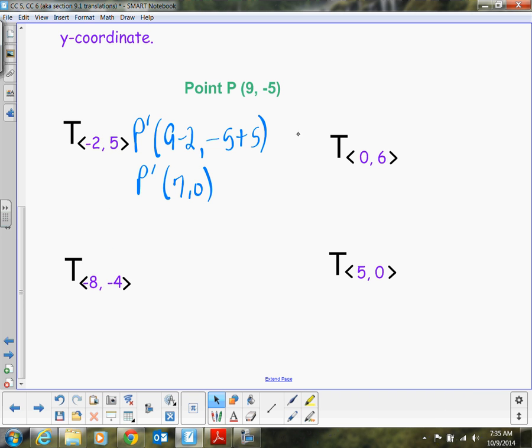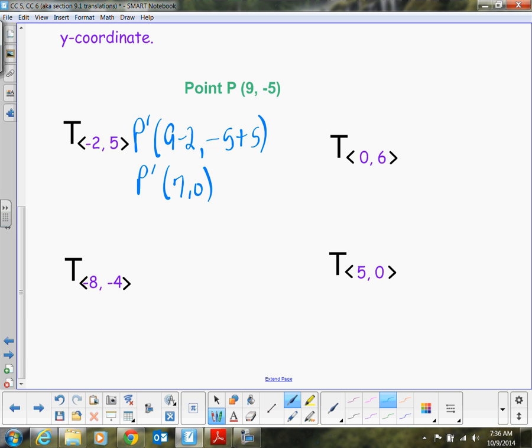We want to translate this point. This says move it 2 units left and 5 units up. So that means I have to subtract 2 from 9 to go left, and I have to add 5 to -5 to go up. So think about it. If you're 5 units below the x-axis and you move up 5, aren't you going to be at 0?